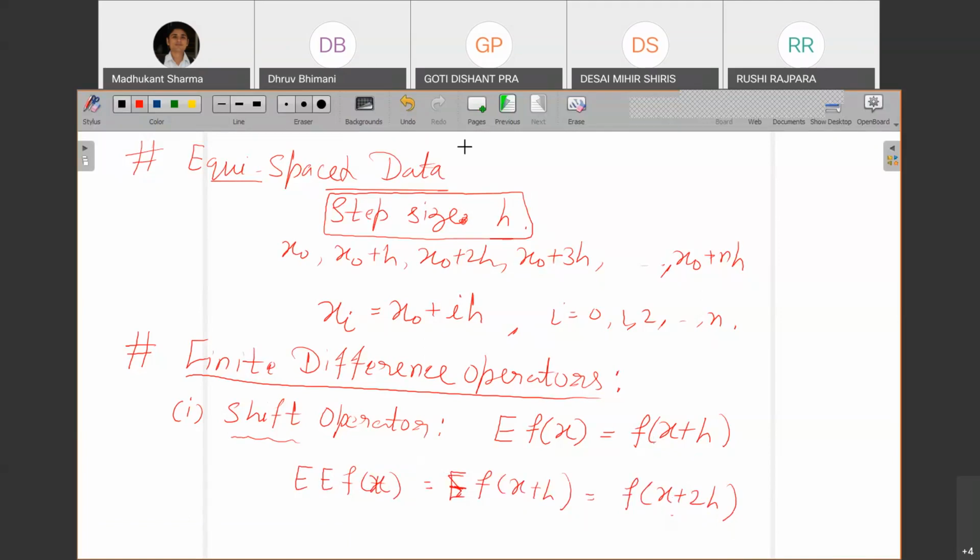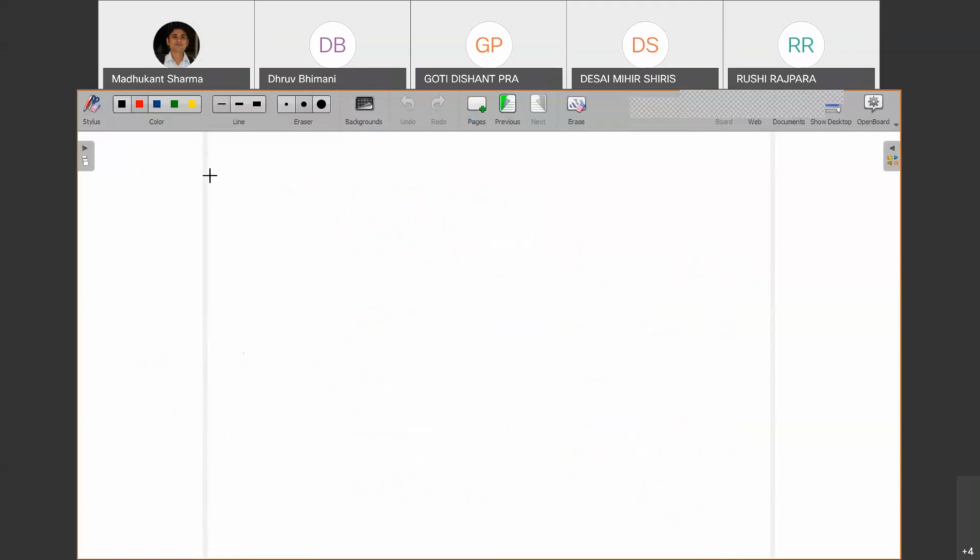In general, if you apply E on f k times, which we denote by E to the power k, then the output is k steps from x, so f of x plus kh.